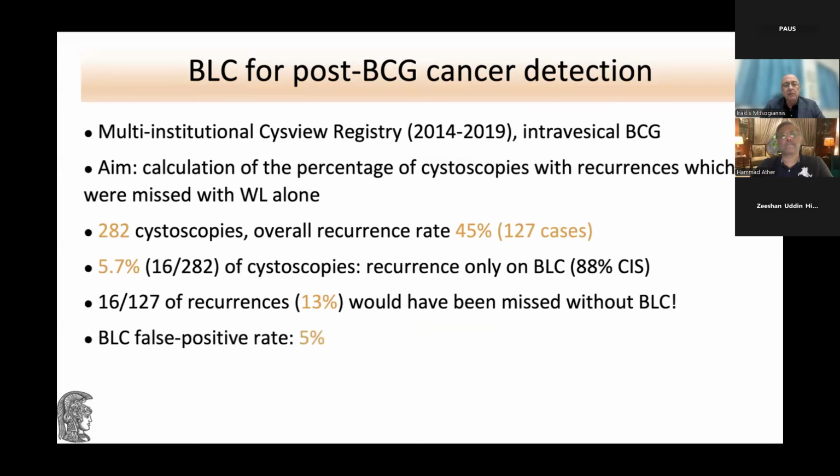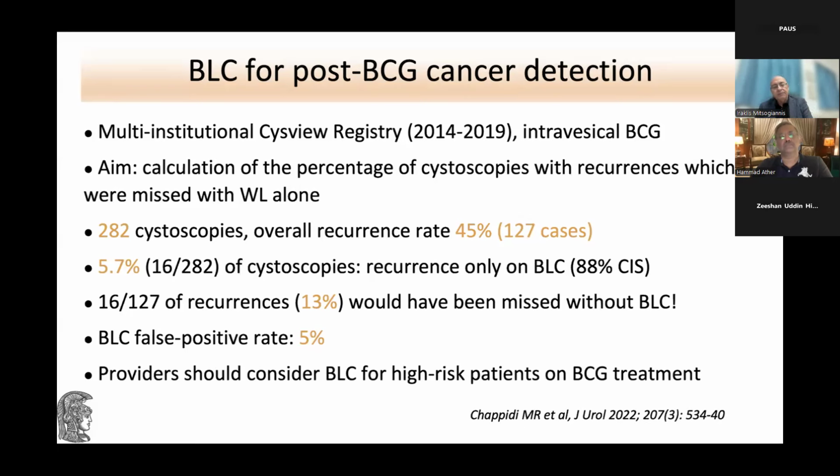And also there was a 5% false positive rate for the blue light cystoscopy. It means that there were some lesions detected on blue light, but a subsequent biopsy did not reveal any cancer whatsoever. So the authors concluded that it is a useful tool, and also that healthcare providers should consider blue light cystoscopy, at least for high-risk patients who are on BCG treatment and are followed extensively.